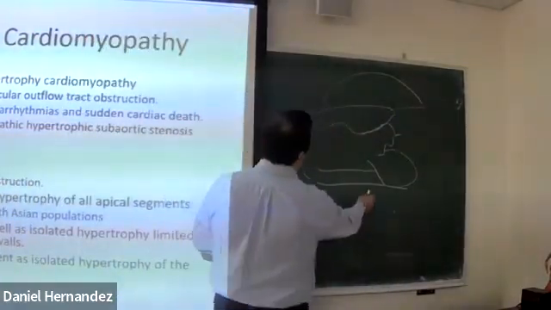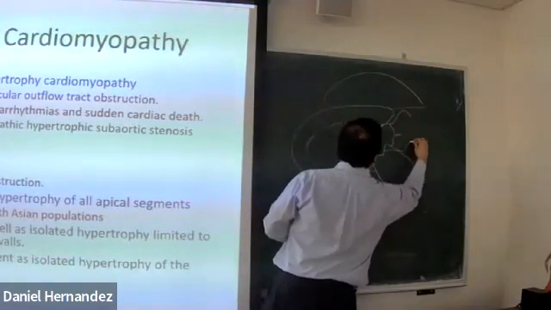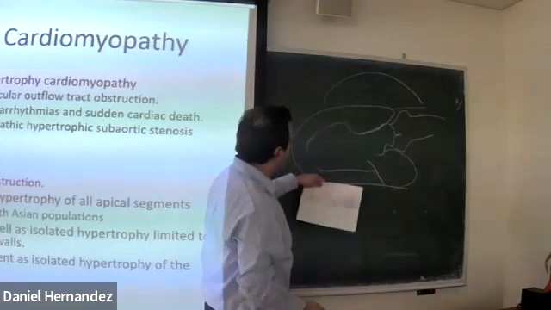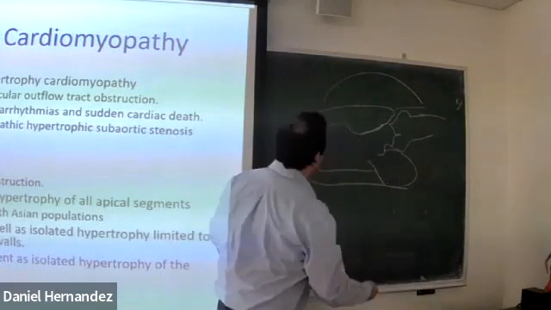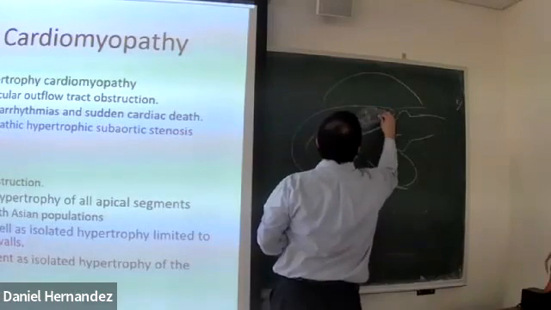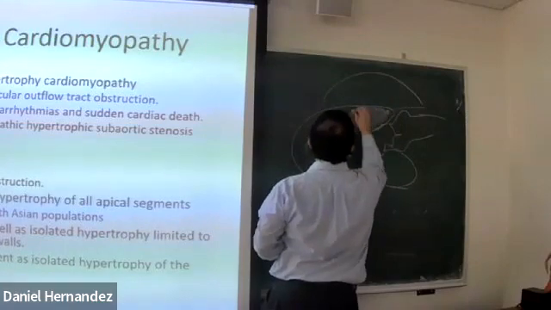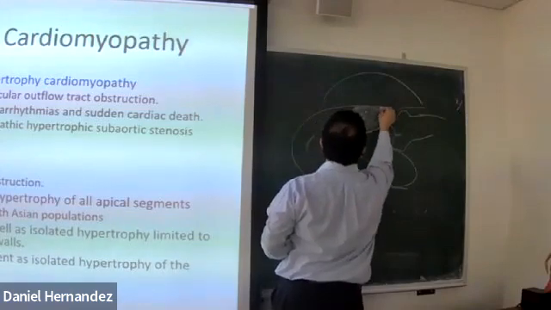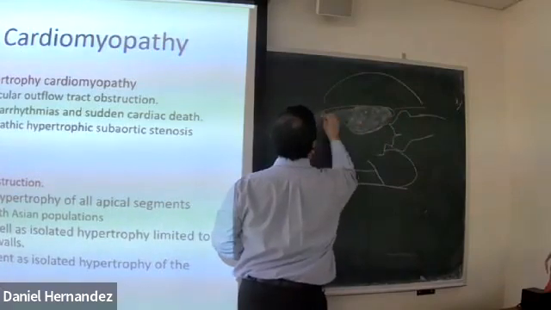So if this is our parasternal long axis view, we have our aorta, aortic valve, LA, mitral. So we're going to have thickening typically of our basal septal wall near that LVOT. So it's asymmetric. It's affecting not the entire interventricular septum, but a smaller segment of it becomes exceedingly thickened comparative to the rest of the ventricular myocardium.